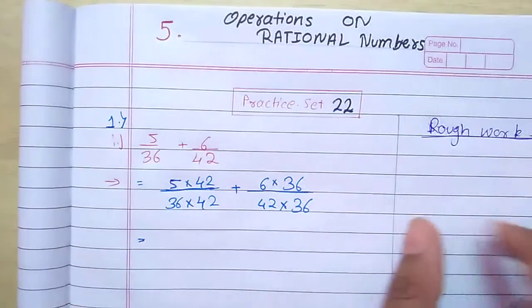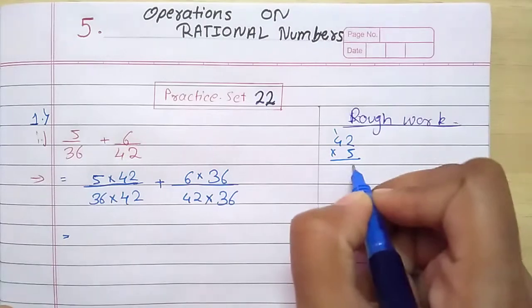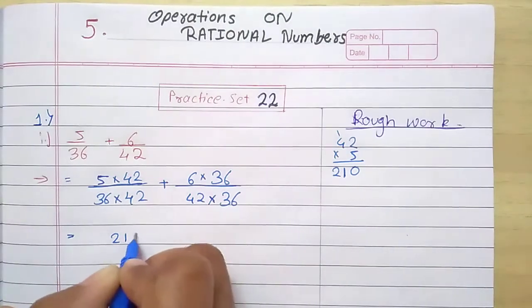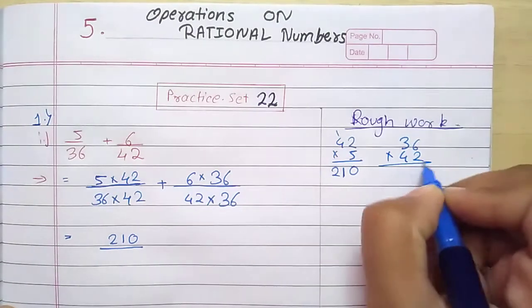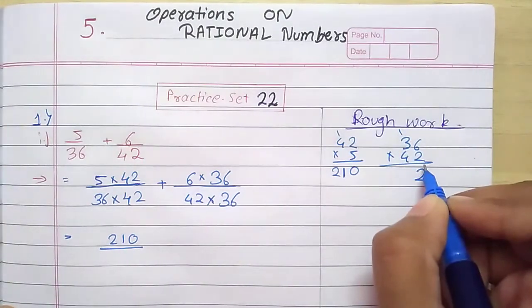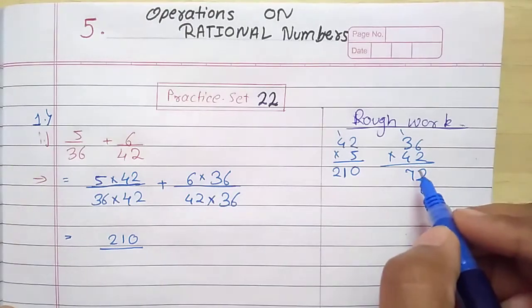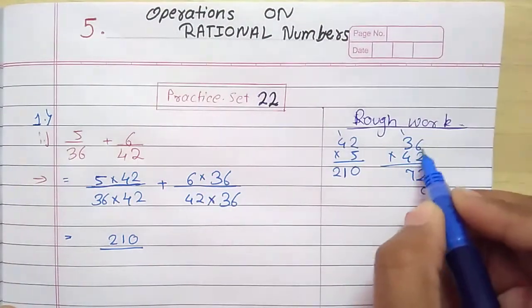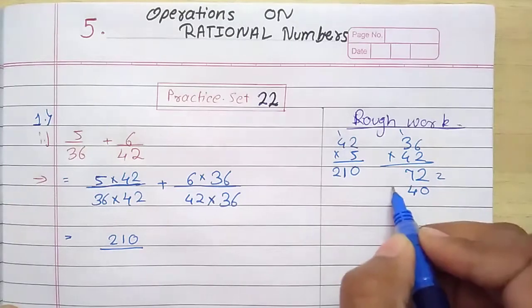See here, 42 into 5. Do it in rough work. 5 2s are 10, 5 4s are 20, plus 1 is 21. So 210. Now 36 into 42: 6 2s are 12, 3 2s are 6, that gives 72 for the first row. 6 4s are 24, 4 3s are 12, plus 2 is 14.